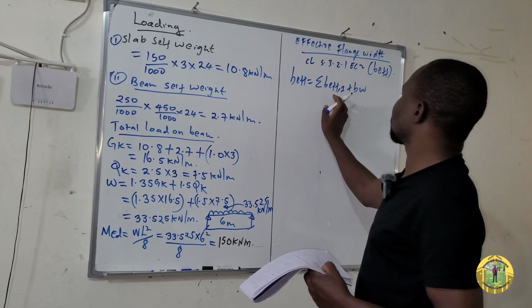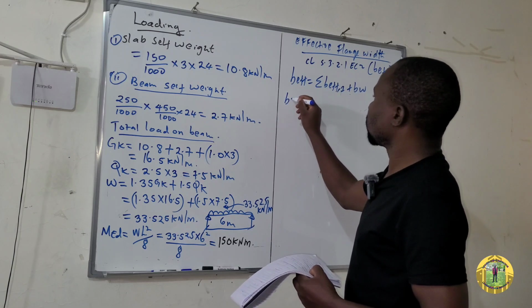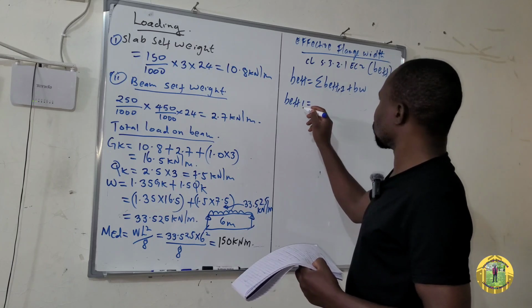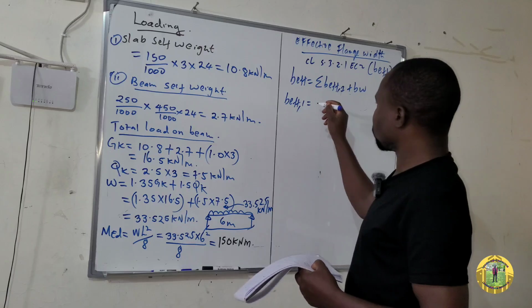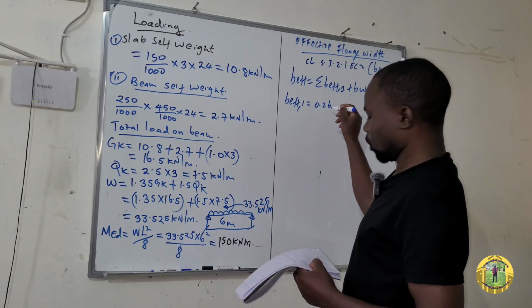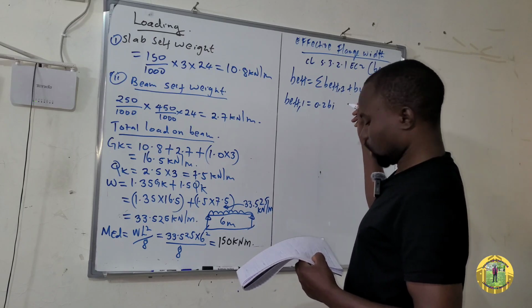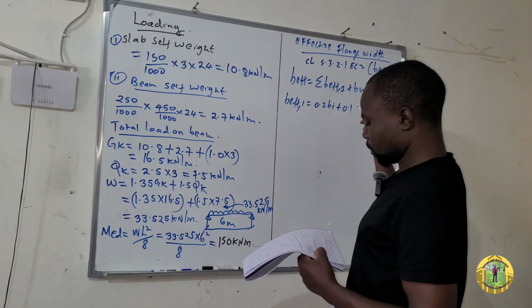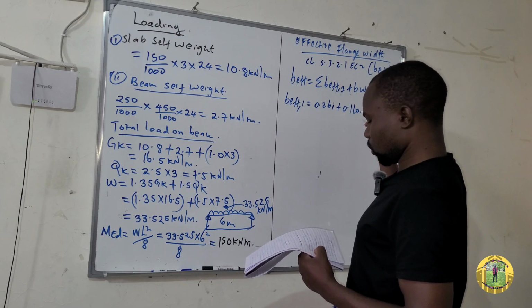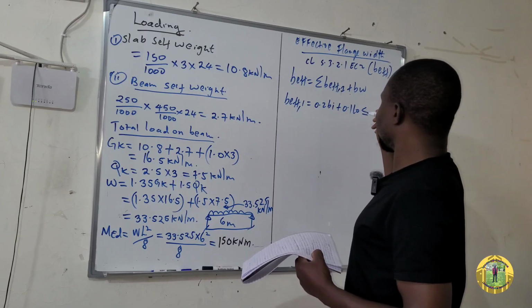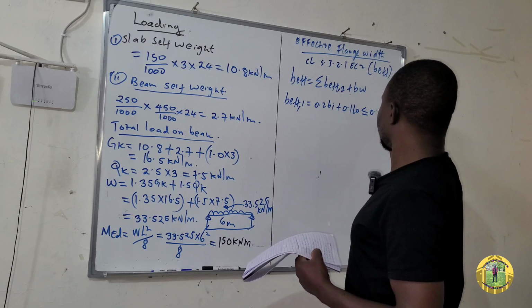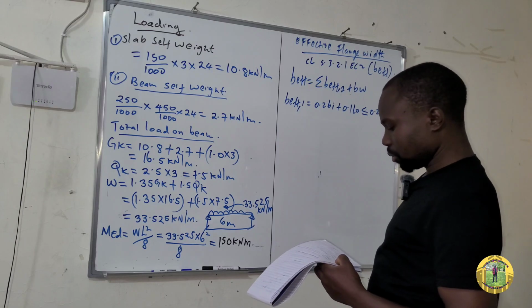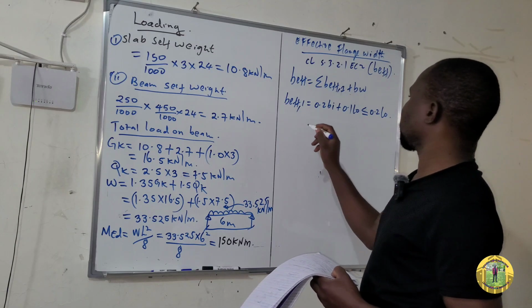So this one is determined by BEFF1 is equal to 0.2B plus 0.1 L0, and it must be less or equal to 0.2 L0. And L0 is the effective span.